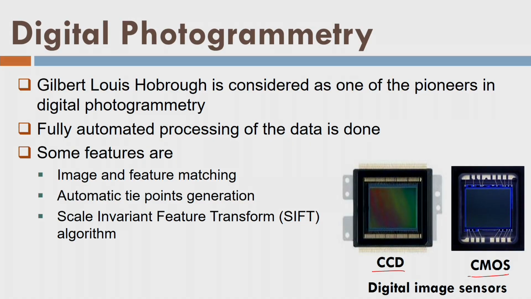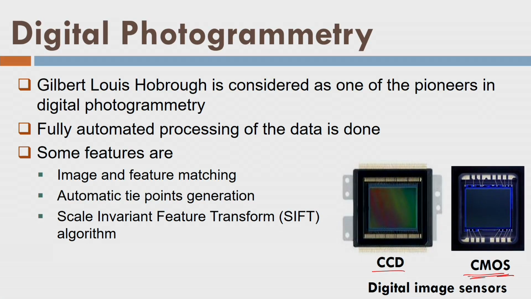Generally we have two technologies here: one is charge coupled device, CCD, and the other is CMOS, complementary metal oxide semiconductor. These two technologies are used to develop digital sensors. In most of the cameras we use today, CMOS is more popular because it is less expensive.